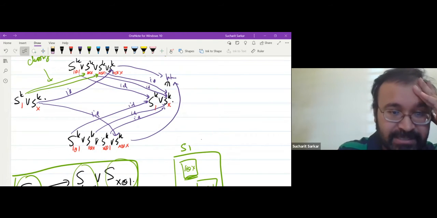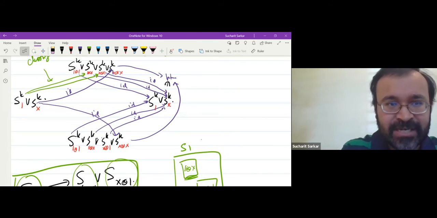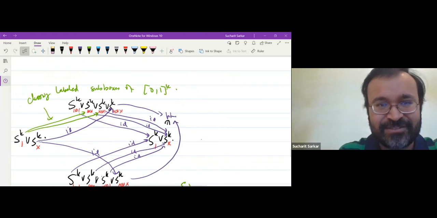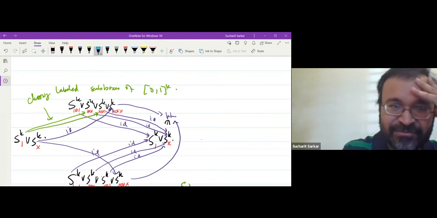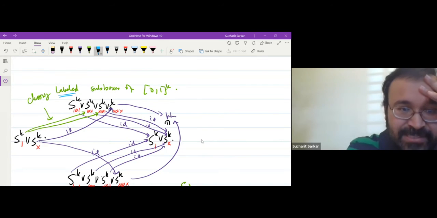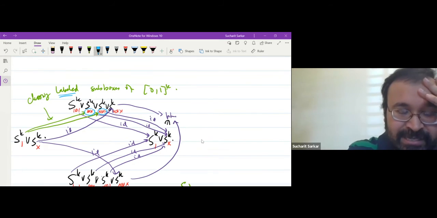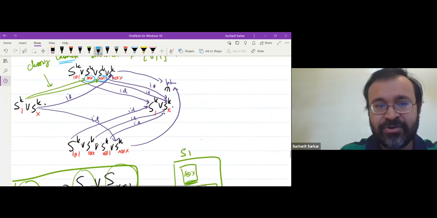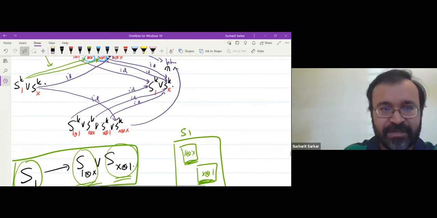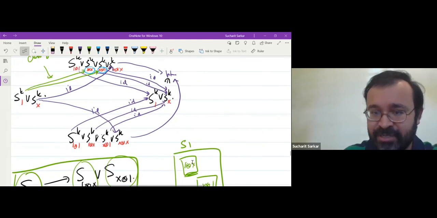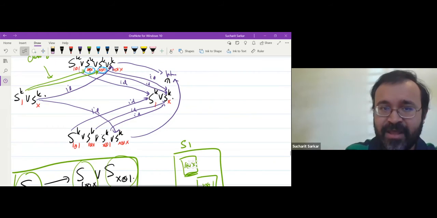Okay, but what are the labels? It's getting a lot trickier. The labels are these two labels, 1 tensor x and x tensor 1. So if I want to map this sphere to a wedge of those two spheres, I have to choose subboxes. I could label them by whatever these labels are.